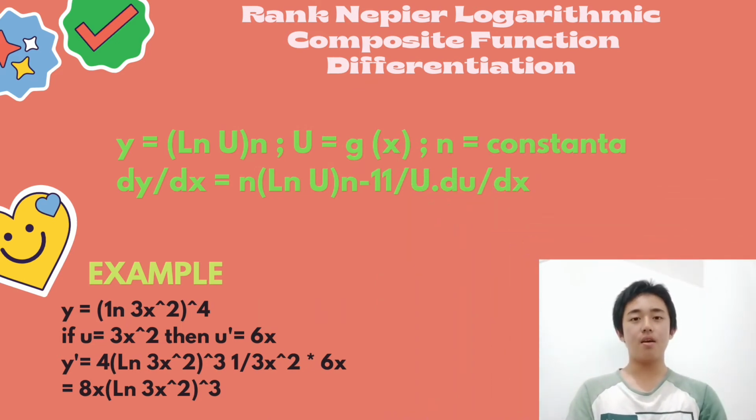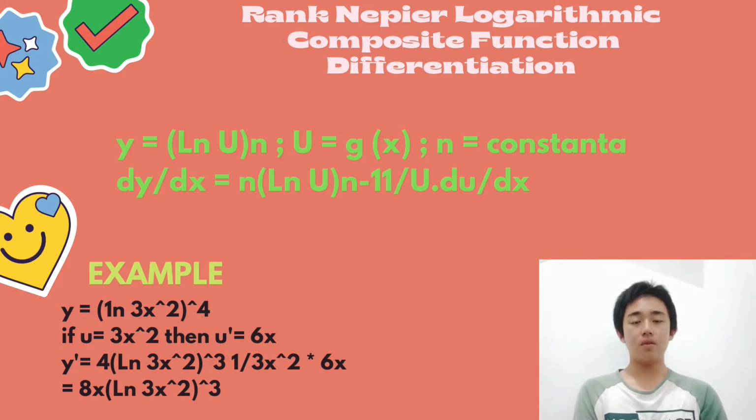The example is y = (ln 3x squared) to the power of 4. The u is 3x squared, and we search for the derivative of u with respect to x, which is 6x, because the 2 is brought down and times 3 gives 6, so 6x.